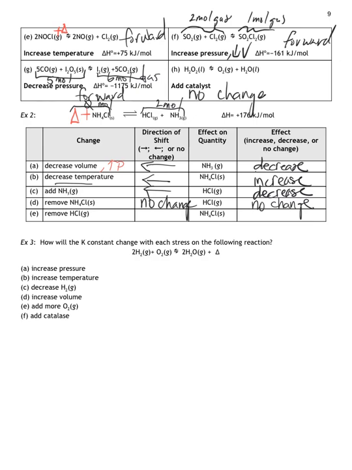Removing HCl. If I remove HCl, I want to make more of it because I want to undo this change, this stress. So how do I make more? Well, I go towards it, so it would be moving this way.